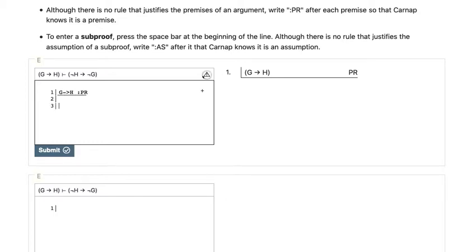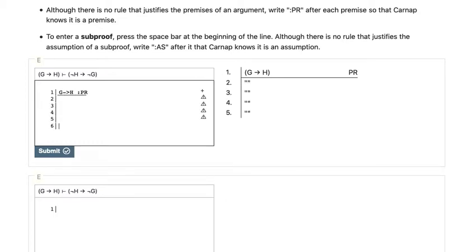Now, I'm just going to leave some space, because I don't know how much space the proof will take, but I know that the last line of it should be not H arrow not G. So I ask myself, how could I get that?